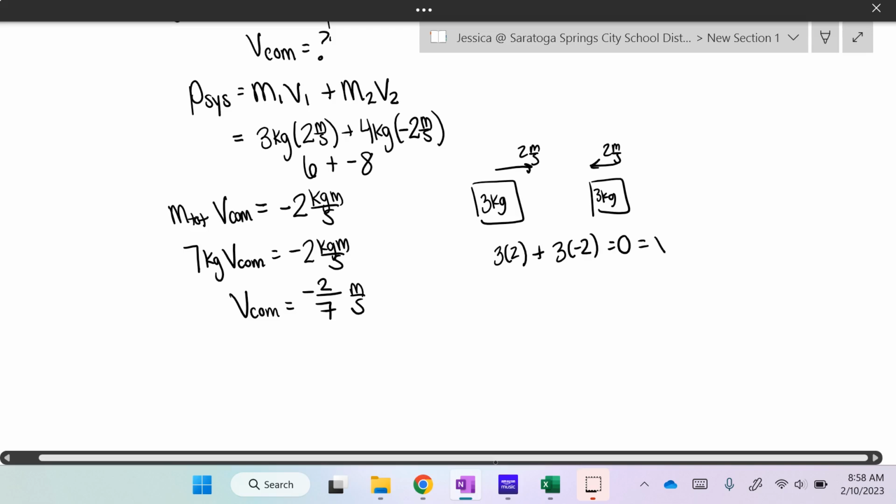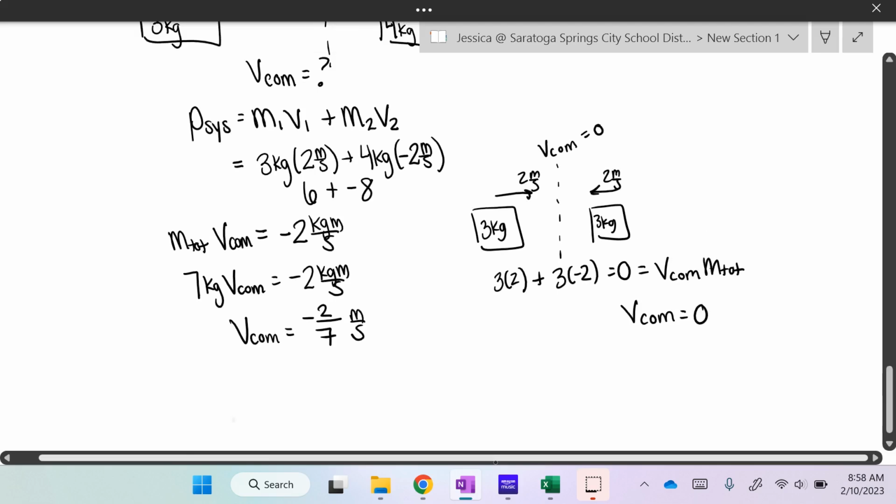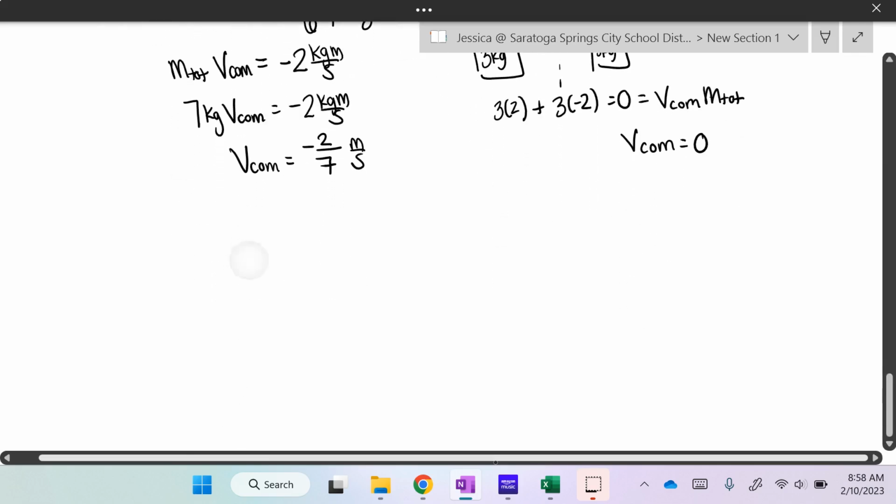So that means the velocity of the center of mass, no matter what the total mass is going to be, is 0. So that dotted line, which would end up being right in the center, would appear not to move if it existed in real life. Okay. So that's how we find the velocity of the center of mass.